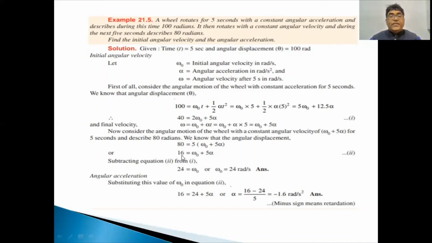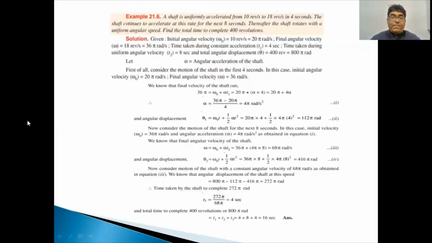So solving here, we will get the second equation as 16 is equal to omega 0 plus 5 alpha. Now, treating equations 1 and 2 as two linear equations in two variables, omega 0 and alpha, we will get the final value of omega 0 as 24 radians per second, and substituting the value of omega 0 in any of the equations, we will get the final answer of alpha, that is equal to minus 1.6 radians per second square.